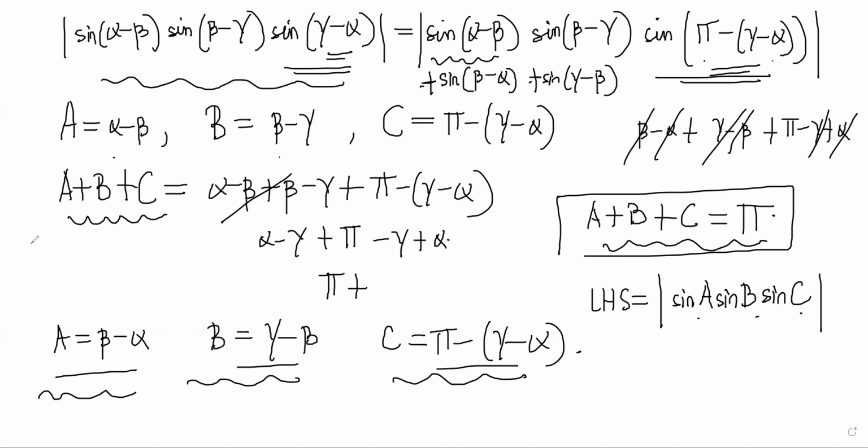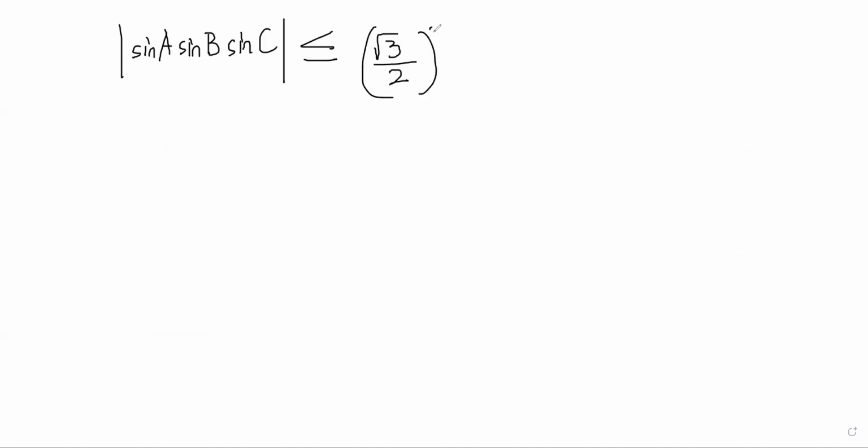Now, this is a very well-known inequality in triangles, that the product of sines, sine A, sine B, sine C in any triangle will always be less than equal to root 3 by 2 whole cube, with the equality happening in the case of equilateral triangles.